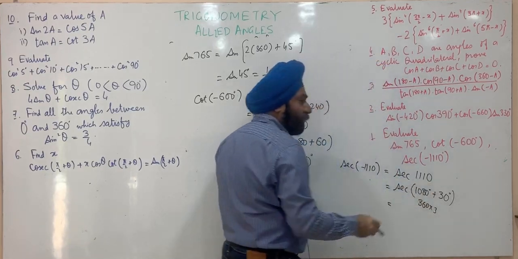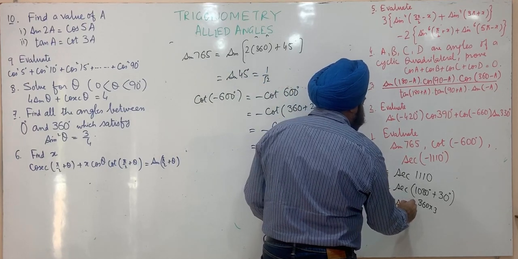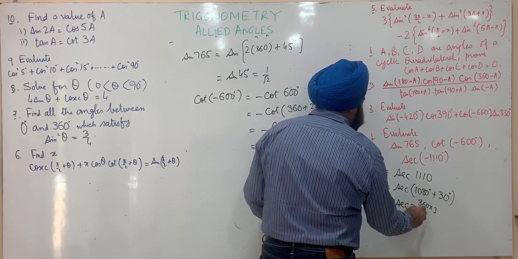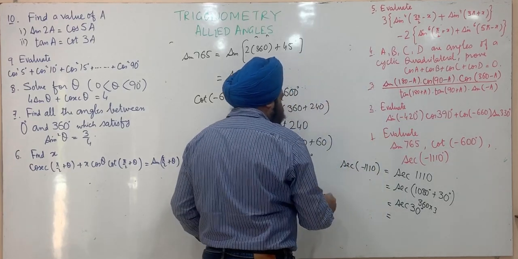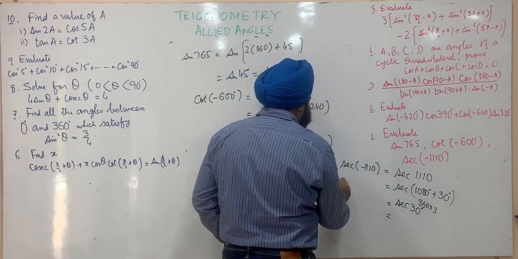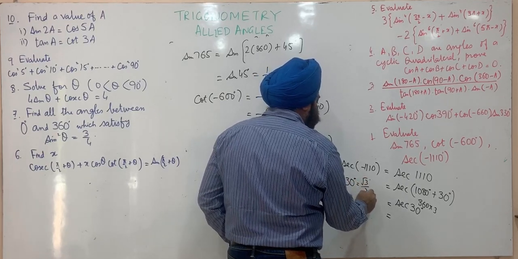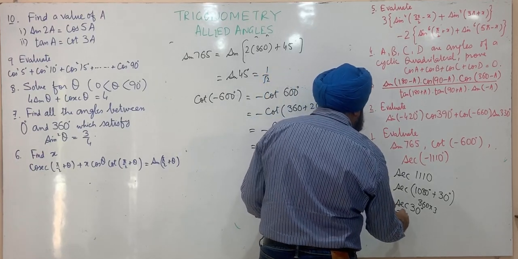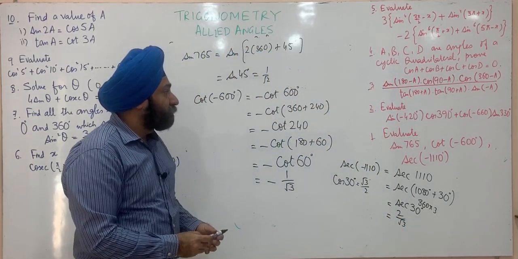So we leave multiples of 360 degrees and this is secant of 30 degrees. Cos of 30, you know, is root 3 by 2, so this will be its reciprocal, that is 2 by root 3. This is how we evaluate.